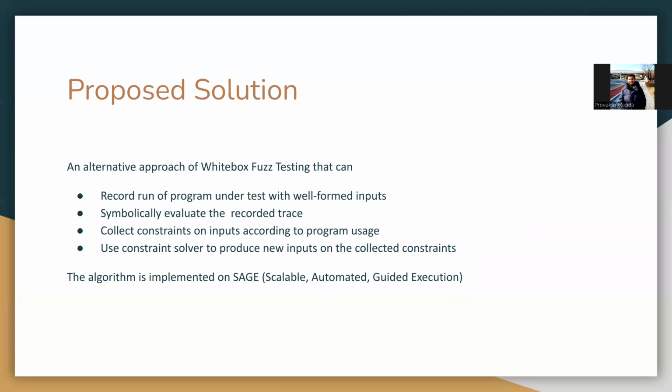So these are the 4 steps followed, and in the final step, it produces new inputs that help do fast testing so that developers can find any bugs associated with the software application. The algorithm proposed in this paper is implemented in SAGE, which stands for Scalable Automated Guided Execution.